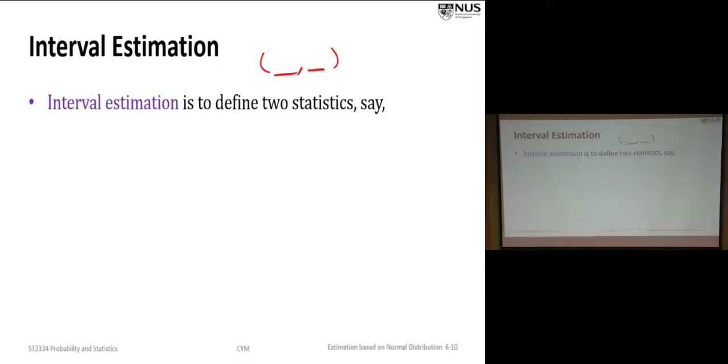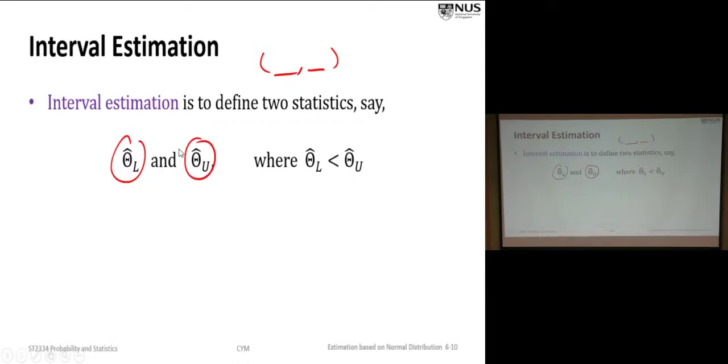An interval consists of two statistics, that means two functions of the random variable. A very simple example is X bar minus 10, X bar plus 10. This is an example of an interval estimator.